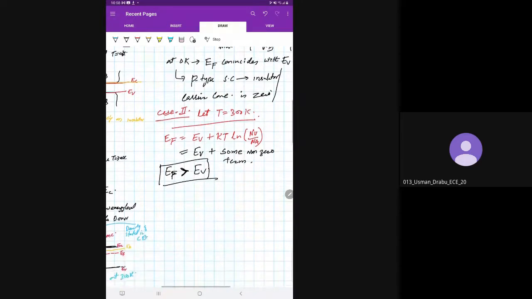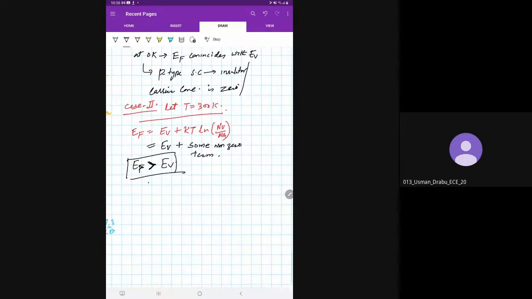So we can draw this in our band diagram. If this is our conduction band and this is our valence band, this is our EV, this is our EC, and therefore EF will be above the valence band. This is, for example, the center.